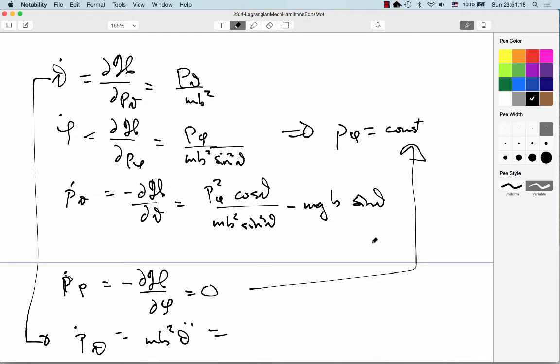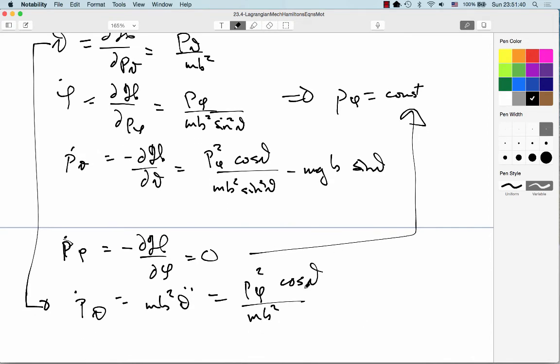But that's also equal to this stuff here, p phi squared cosine theta over mb squared sine cubed theta minus mgb sine theta. And we got to that point before, so then we can just go on from there.